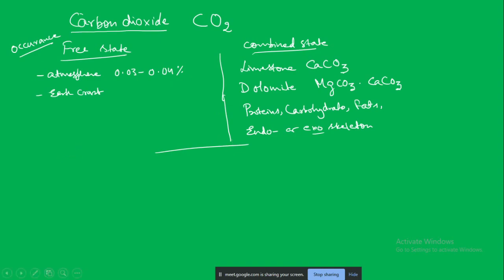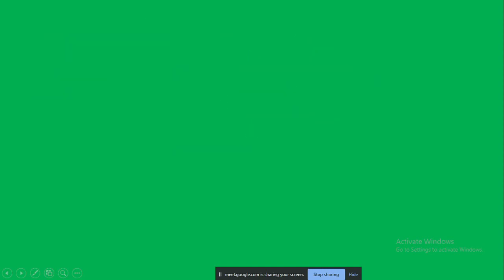Next, we will look at how carbon dioxide can be prepared in the laboratory. The easiest way is to burn something, some kind of hydrocarbon or fuel.